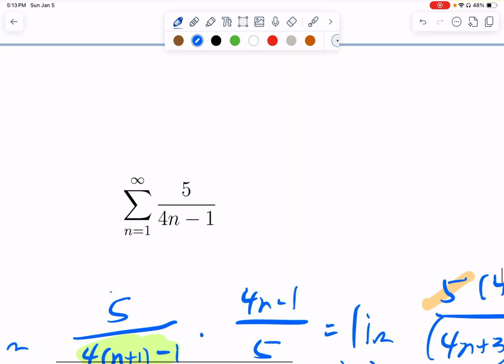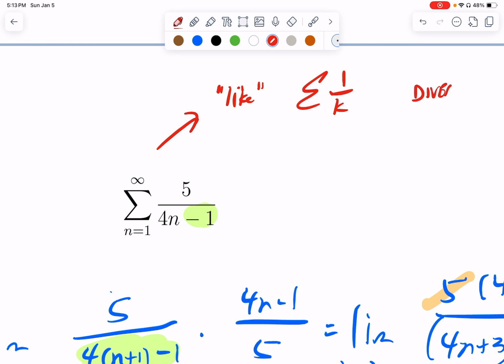Now, what I might notice here is I know that in the long run, this minus 1 doesn't really matter, and multiplying by 5/4 doesn't really matter. So I'm just going to point out here what we actually know is that this is like the harmonic series. The minus 1 doesn't really matter, and multiplying by 5/4 doesn't affect convergence, which diverges. So we have other ways of answering the question, but not the ratio test.